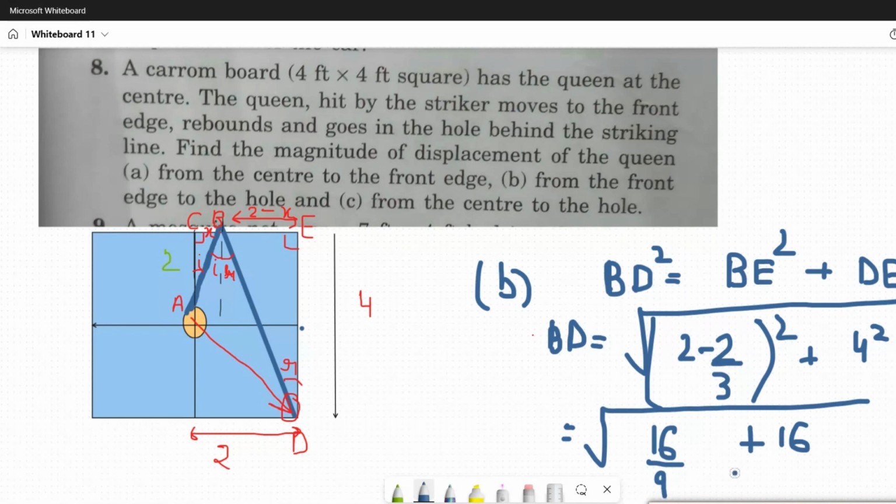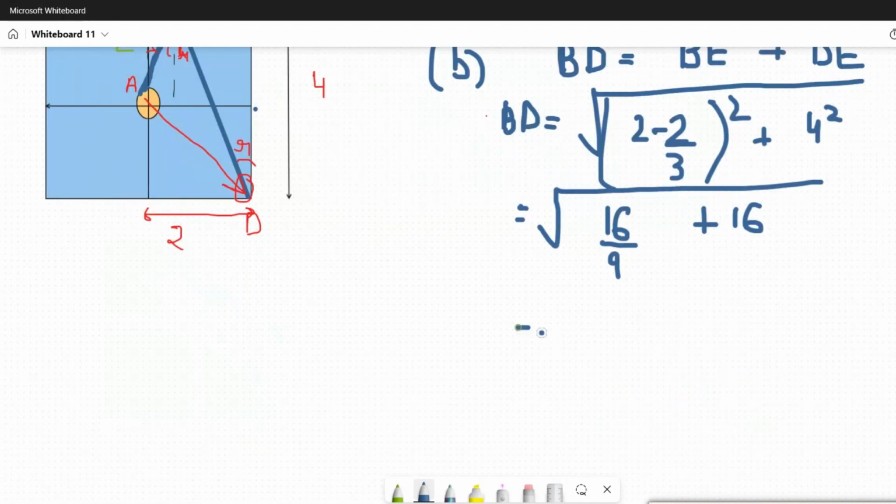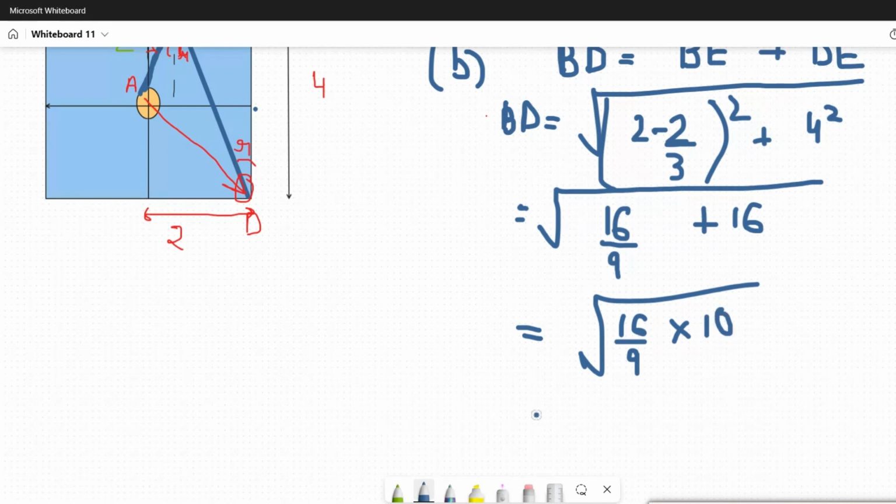Now if we solve this, we take 16 common here again, then it would be 16 upon 9 into 10. That would be equal to 4 by 3 root 10 feet, and that's the answer for the second part.